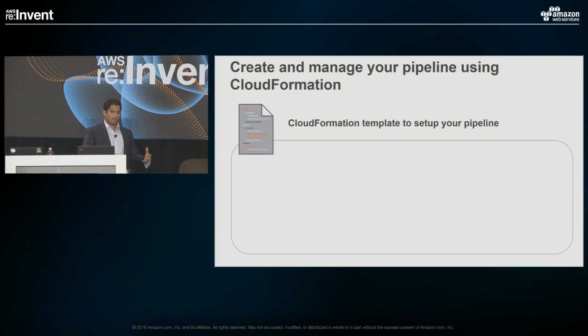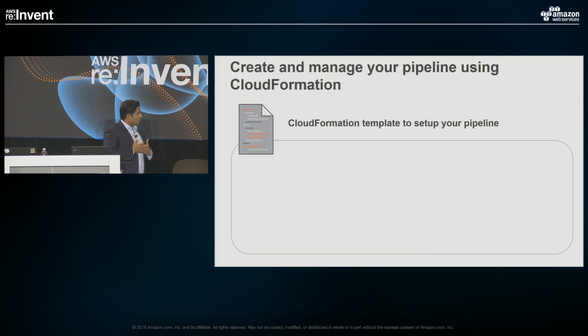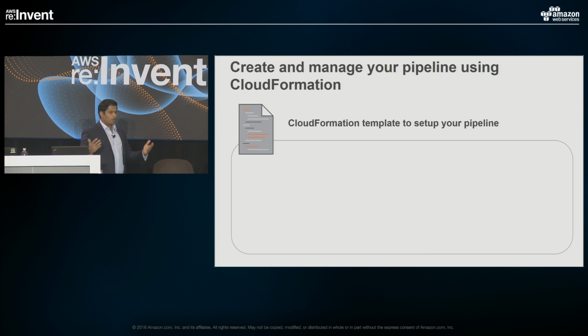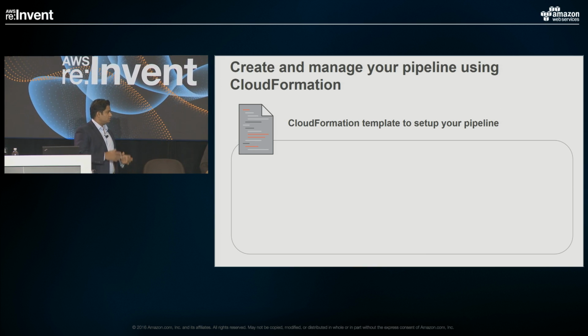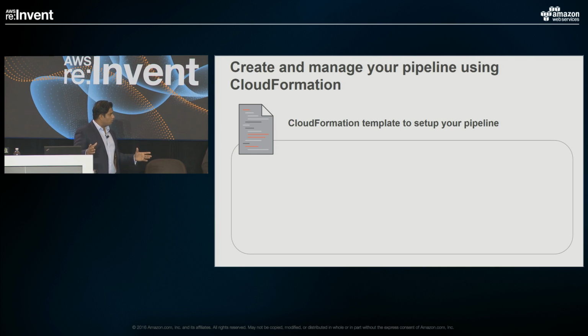Now, this is where it gets a little meta. Let's structure your workflow using CloudFormation. Use CloudFormation to structure your workflow, manage your workflow as code, make changes to it, check that in as well, and manage your pipeline as code. So in this case, we have a CloudFormation template to set up your pipeline.